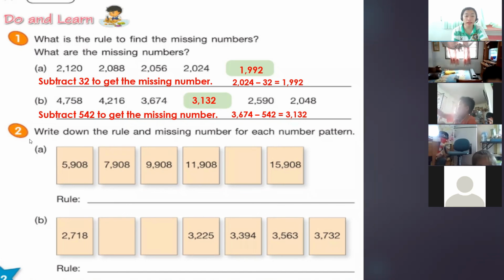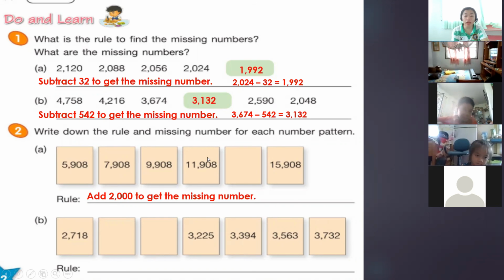Letter A. The numbers are 5,908, 7,908, 9,908, 11,908, blank, 15,908. The rule here is to add 2,000 to get the missing number. So we're going to add 2,000 to each number.